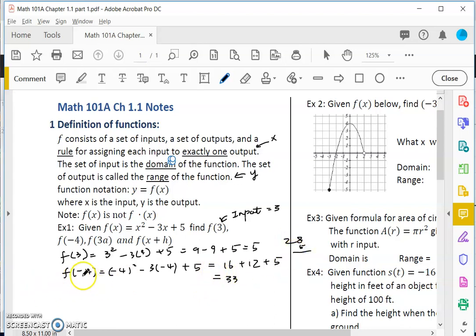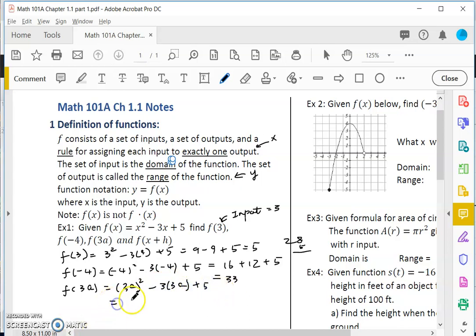So we can find f of anything we want by plugging in whatever shows up in the input area. We can actually put a variable, in this case 3a, as an input. So I would replace x by 3a: 3a squared minus 3 times 3a, and then plus 5.